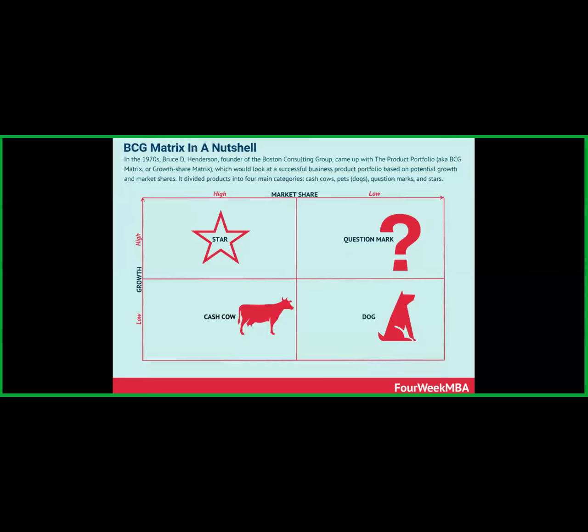Now, to keep this product in the quadrant called star, the company is supposed to keep investing in that particular product.